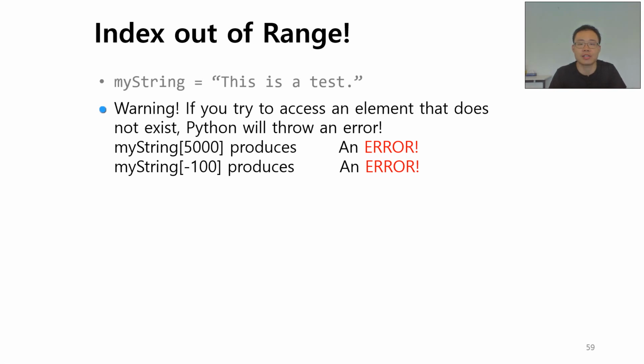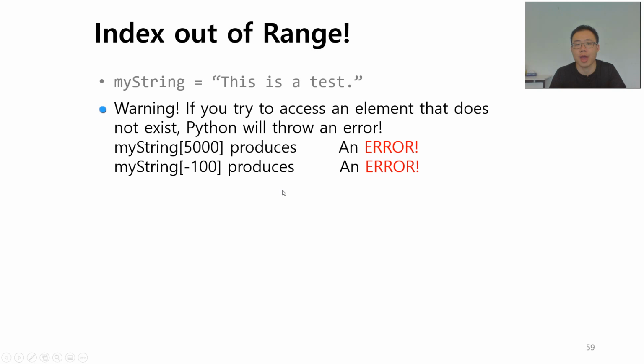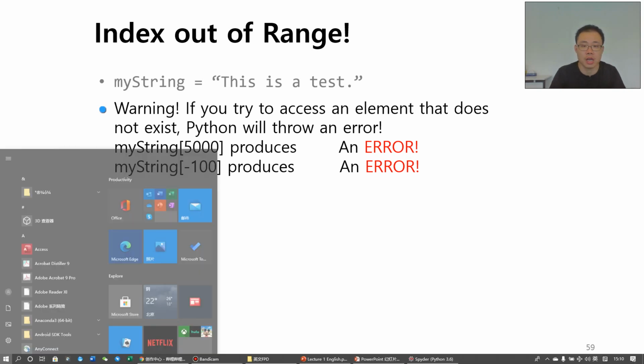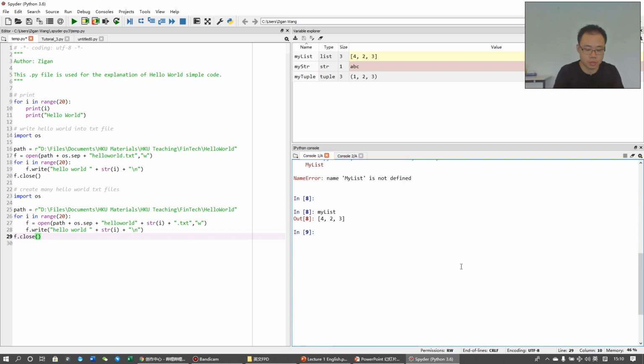If you try to access an element that does not exist, Python will throw an error. For example, if you do my string 5,000, it produces an error. So how do you know how many elements you have in the string? Use the length function. Say length of my string.